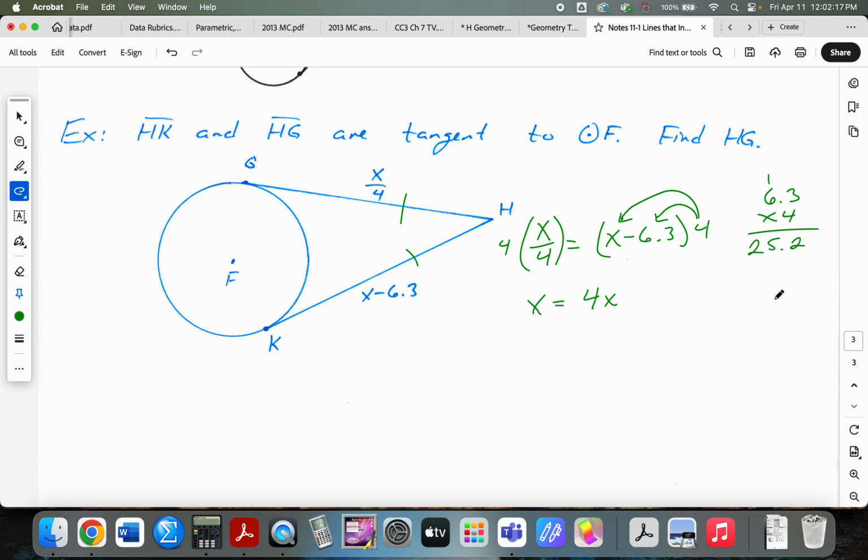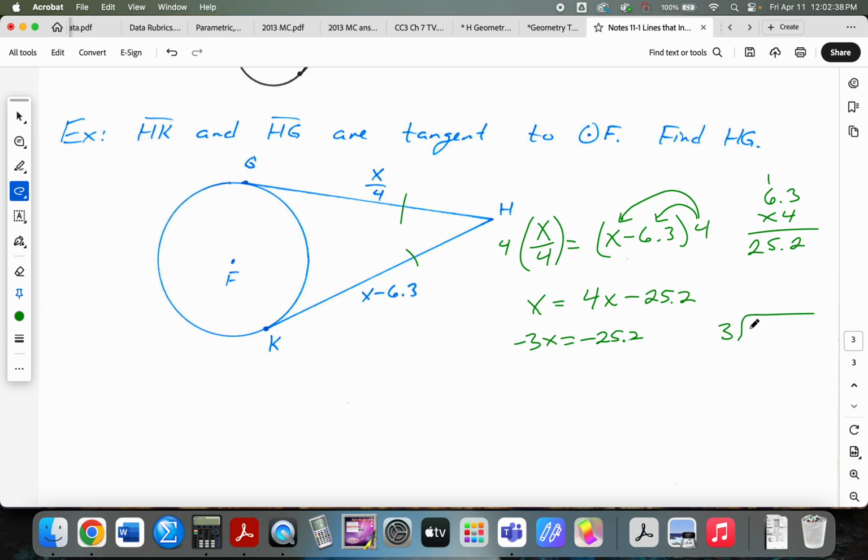There's one place after the decimal, so that's going to be minus 25.2. Subtract 4x from both sides, and I get negative 3x is equal to negative 25.2.